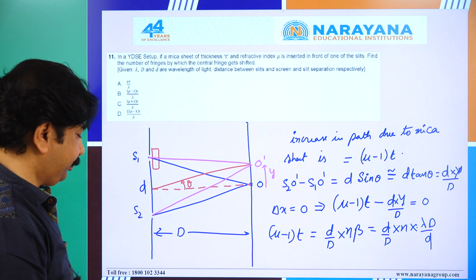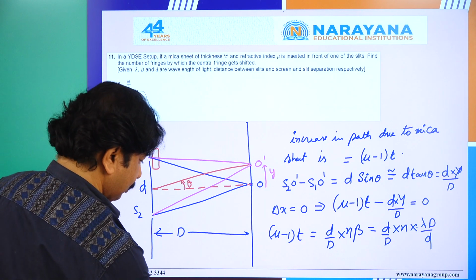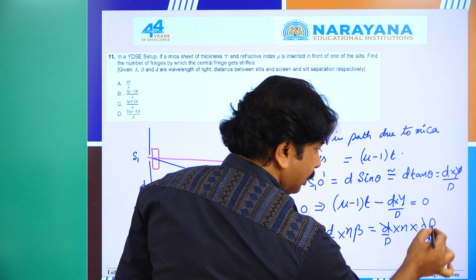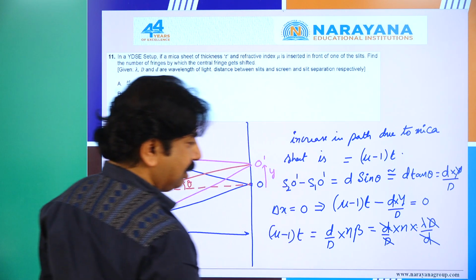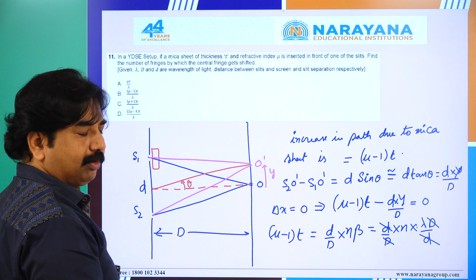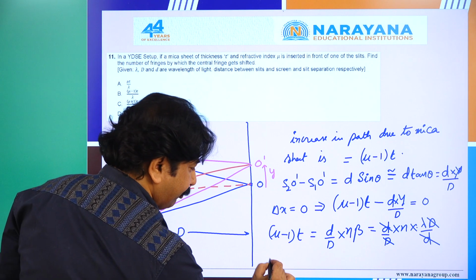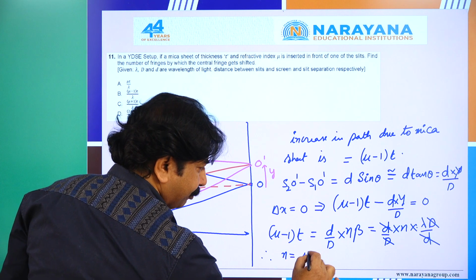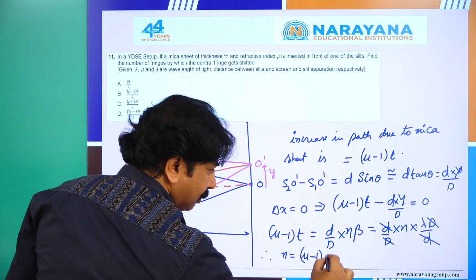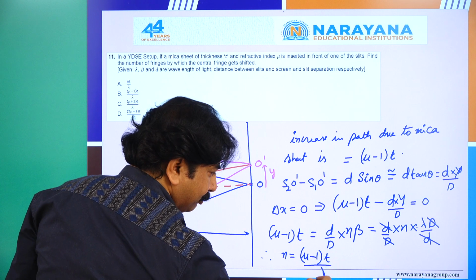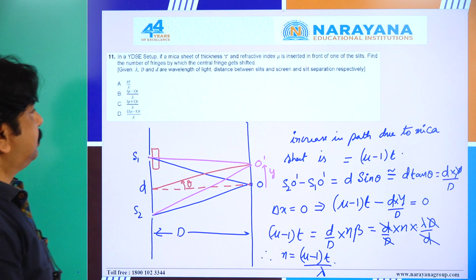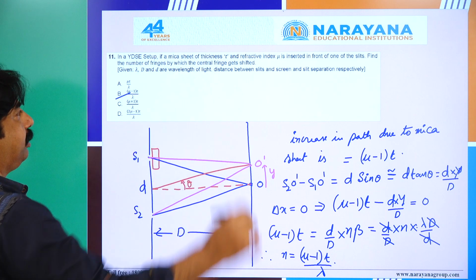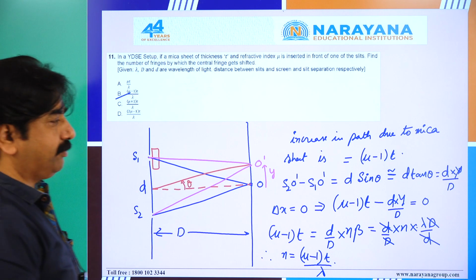Already we know. So d and D get cancelled. So (mu minus 1) into t should be equal to n lambda. Therefore, we can write the value n is equal to (mu minus 1) into t by lambda only. This is the formula we know. So this is the answer. Second one is the answer.